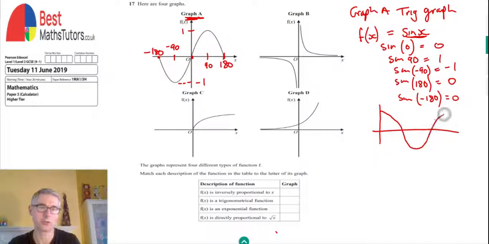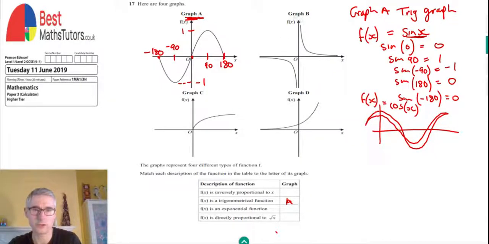What's telling me that it's a sine or cos graph? Well, this is f of x is cos x. If I did the graph like this, then it's a repeated sort of wave. That's a good way of looking at it. So if it's like a wave like this, going up and down, that's a trig function. So that's graph A, that one.